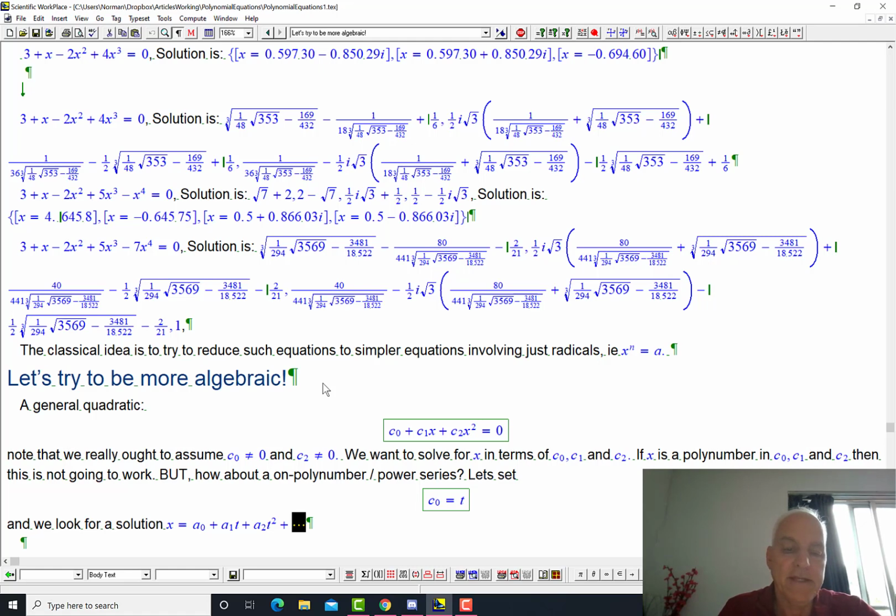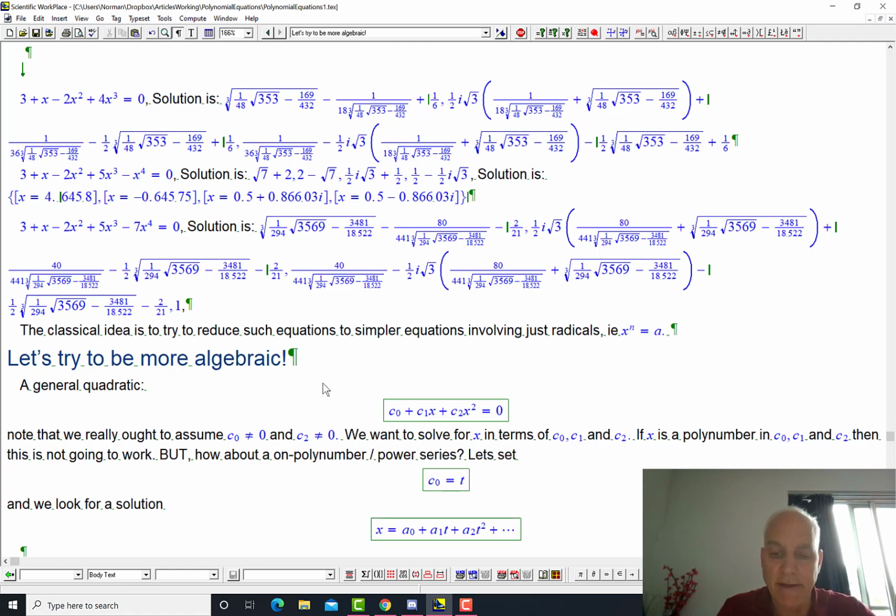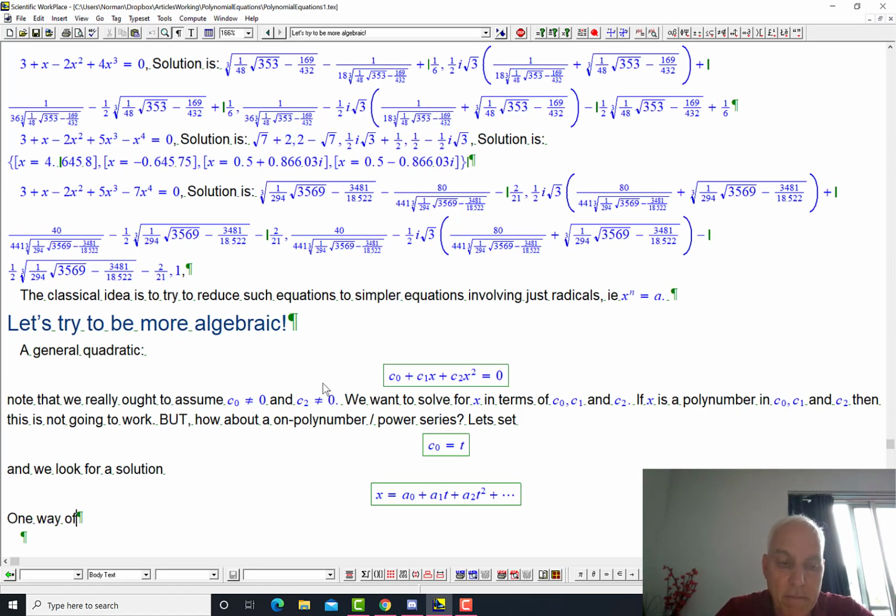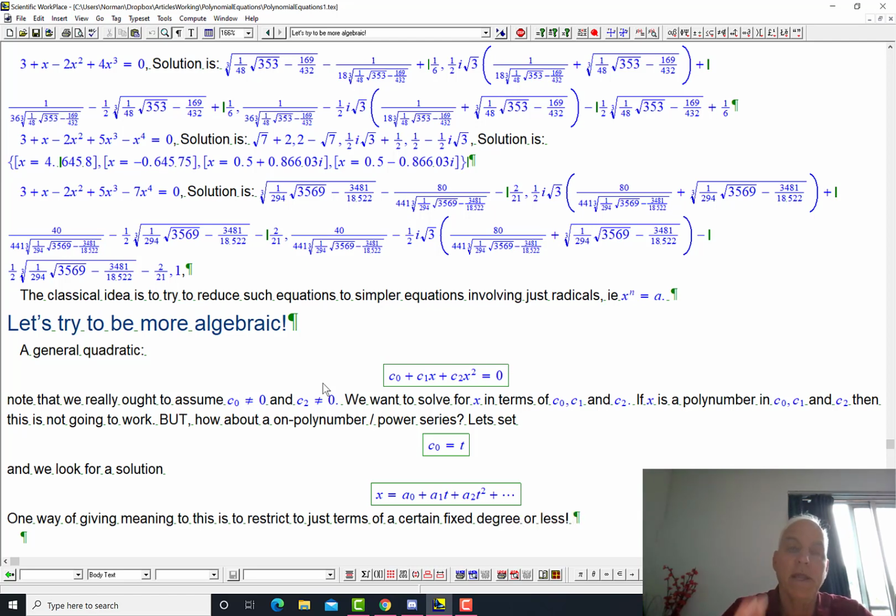Okay, so that's interesting. What would happen if we tried to fit a power series solution to our original equation? Well, one way of giving meaning to this is to restrict oneself to just terms of a certain fixed degree or less. That is, we ignore all terms beyond some point.